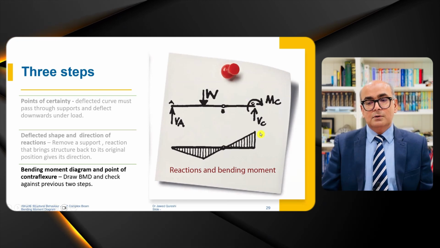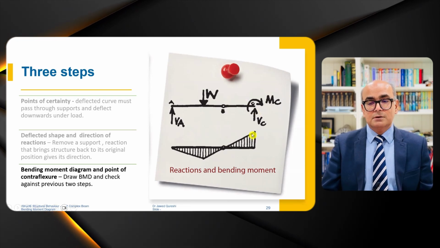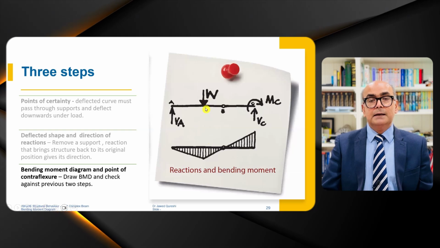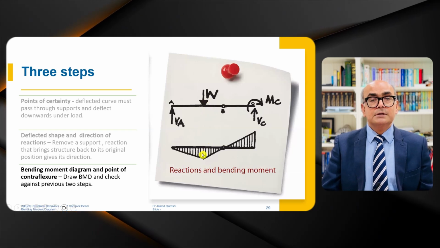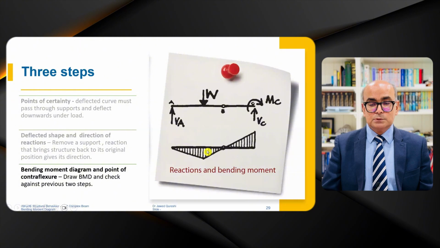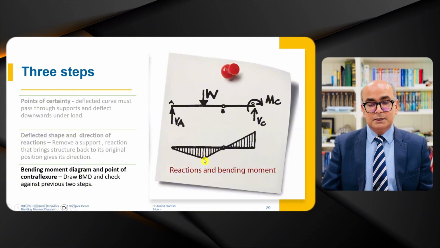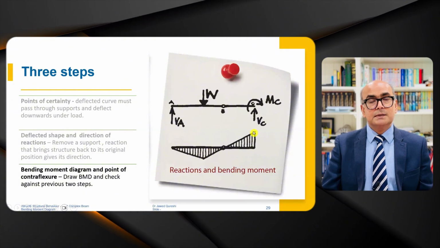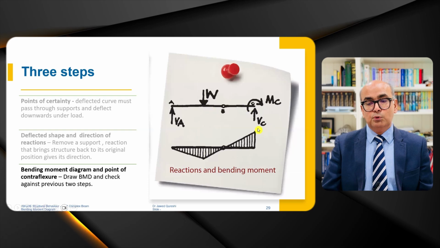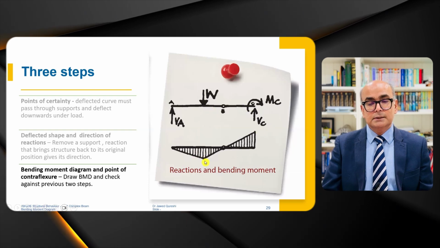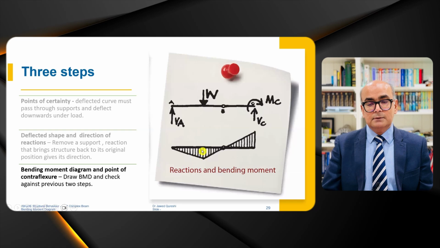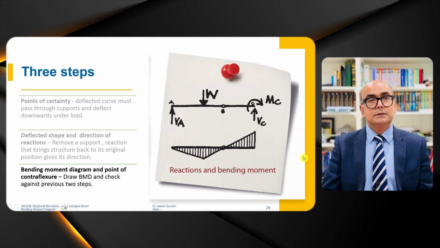So here hogging moment is generated, and when we apply a downward force, it will generate sagging moment. So that's why this bending moment diagram is coming down over here. And then there's nothing in between these 2 points, so we connect it with a straight line, and there's nothing between A and where the load is applied. We connect these points.